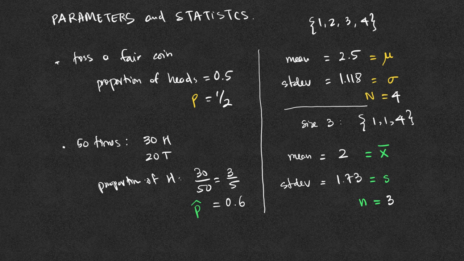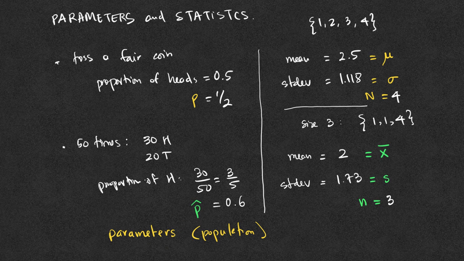And so to summarize, there are 2 quantities that we just discussed here. One is the parameters. The parameters are the characteristics of the population. They tell us something about the population. What that means is that from now on, if we use the notation lowercase p, mu, sigma, uppercase N, then these tell us something about the population, and they are called parameters.